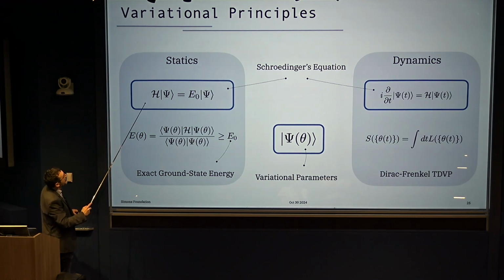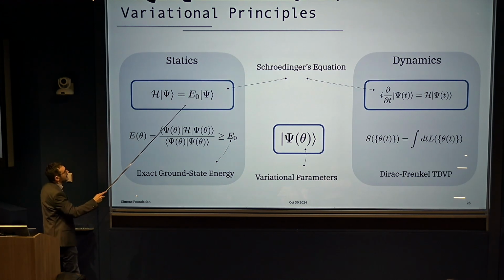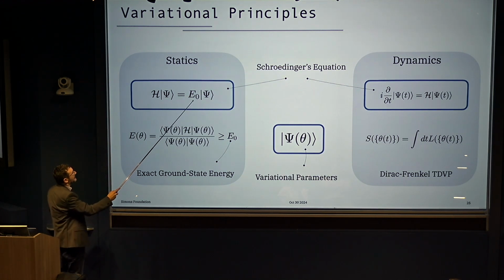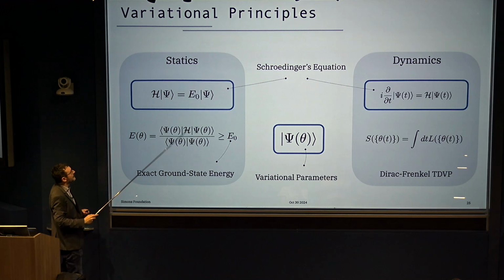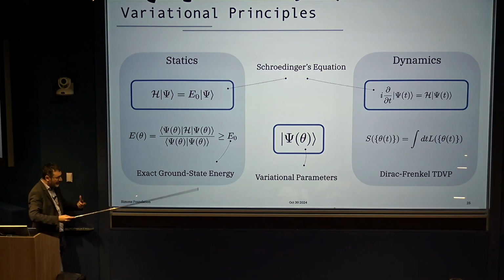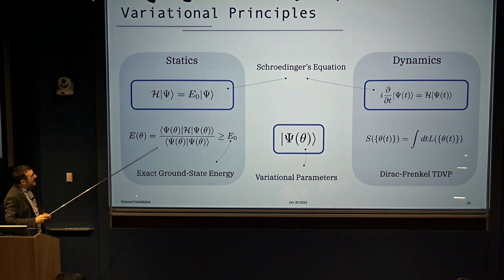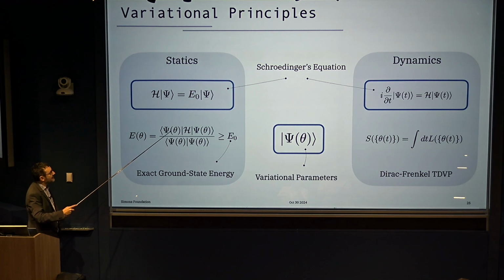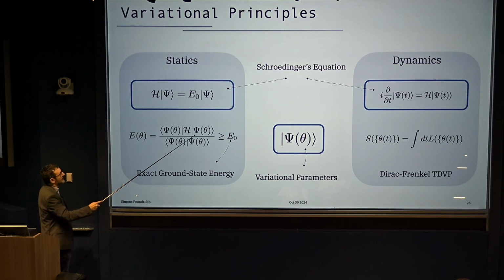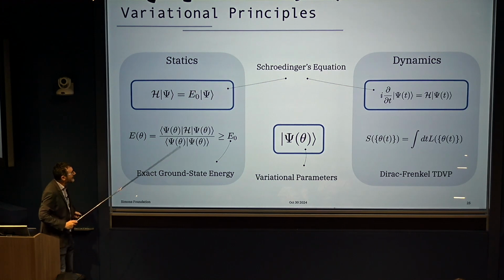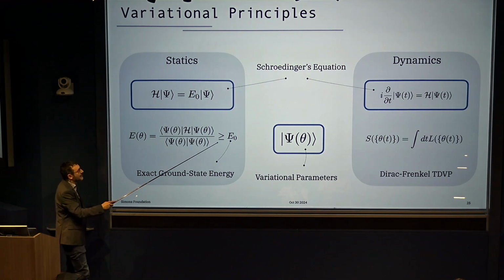So, for example, if you want to solve the time-independent Schrödinger's equation for, let's say, the ground state, the state with the lowest energy E0, so psi is now my unknown, and E0 is also the energy that I'm trying to find, then you can show that the expectation value of the energy over a given wave function that is parameterized by some parameters theta is always greater or equal than the exact energy.